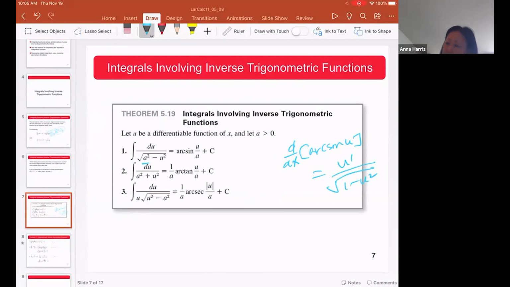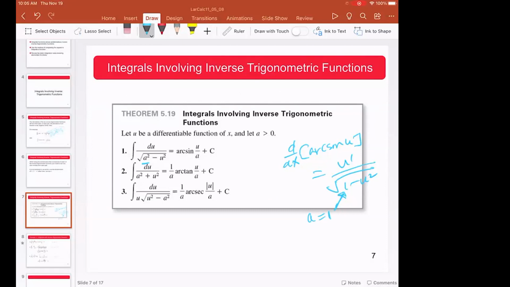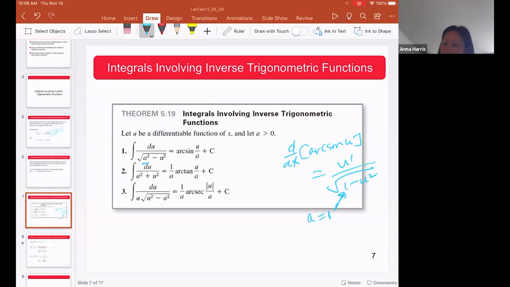Now we replace 1 with a. In the previous problem, a is equal to 1, but now you can have other values as your a. So if you have a squared, whatever the constant a is, when you take the integral, you get arcsine of u over a plus c.